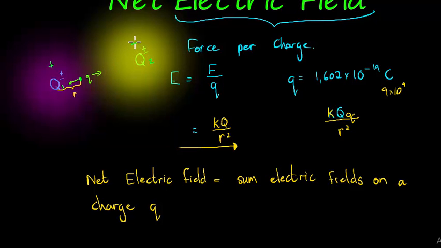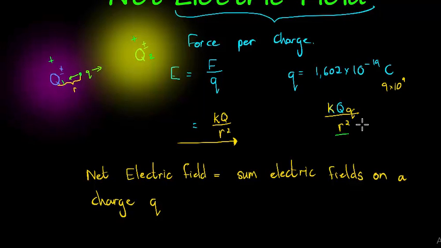However, if this one is also positive, it depends on which force is repelling it the strongest. This one is repelling it, and this one is repelling it. If the yellow one is repelling it more, it depends on which one it is closest to, because that also has an effect.